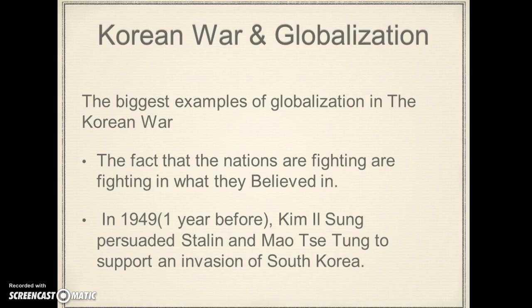During the Cold War, that was the main reason Stalin came in and pushed into South Korea and tried to take over them. And the main reason why Mao Tse-tung and China came in was just because of communism, and why they had to come in and try to spread communism over the world.